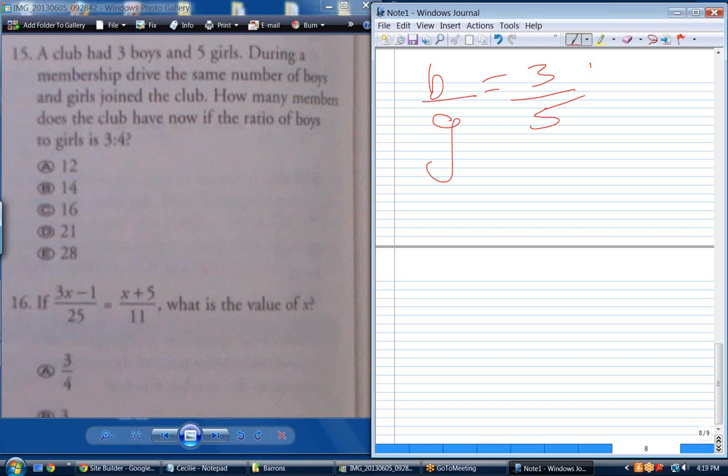So let's introduce, well, we could back solve it easily, right? Back solve this one.